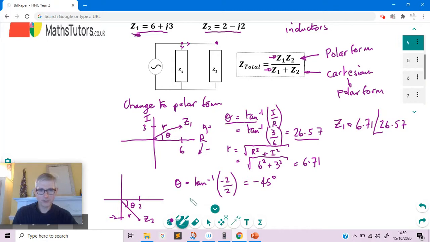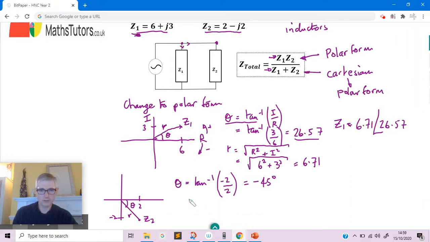And then I also need to work out what r is. So again, using that formula for r, it's the real part squared. And although the real part squared is a positive number, for the imaginary part, although it's a minus, if we square a minus, we'd still get a plus. So I might as well just put in plus 2 squared.